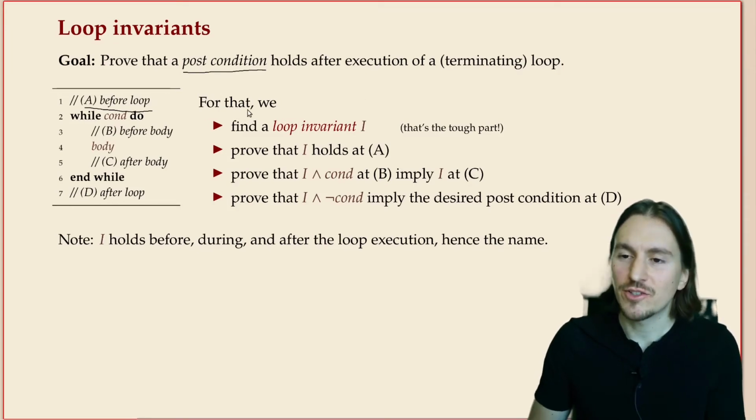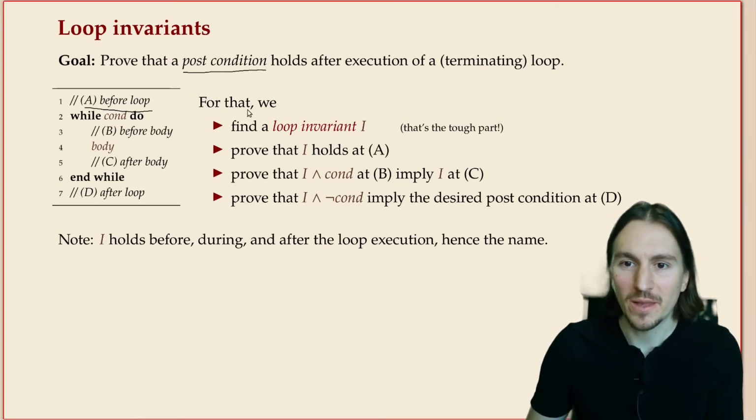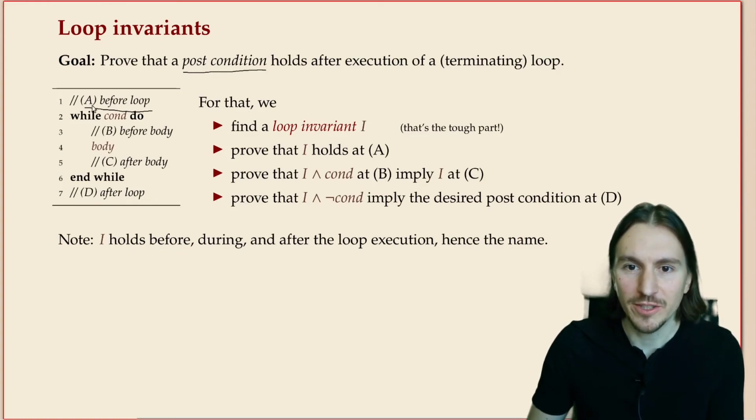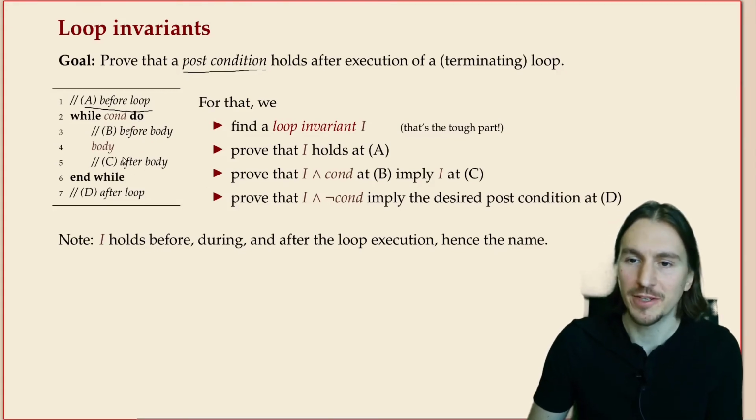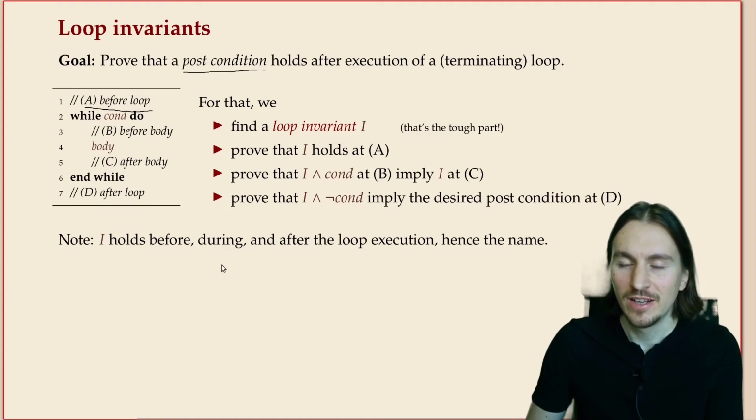And then there's a certain strategy for how you can do this. It basically means you have to look at specific points in the code before the loop and after the loop, but also the first thing inside the loop and the last thing at the end of the loop body. And then you have to find what's called a loop invariant.